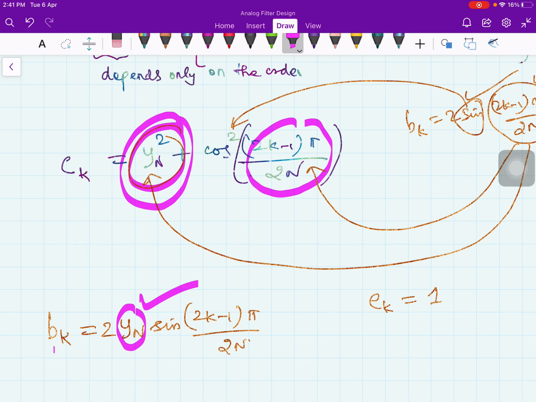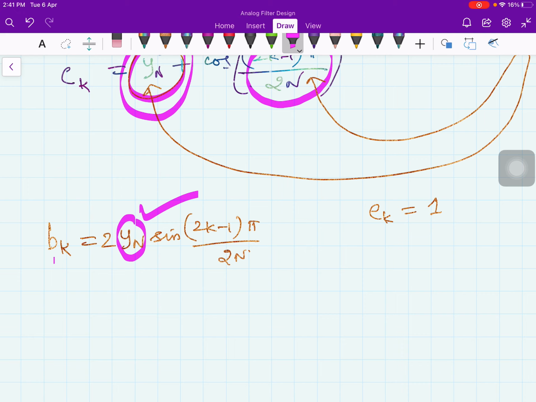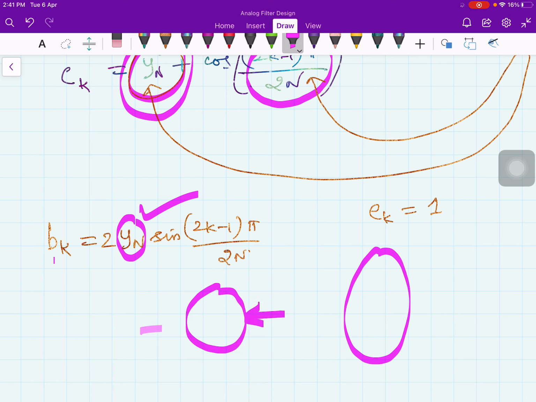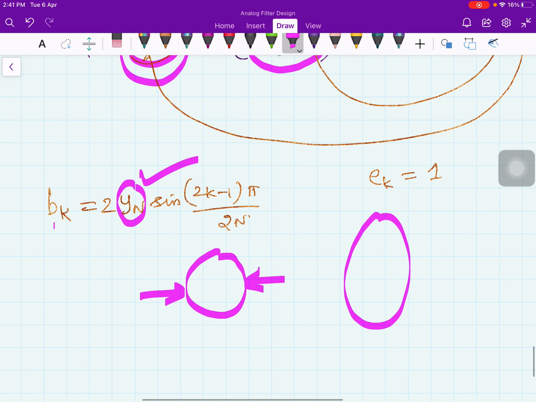In the Chebyshev filter, the factor y_N comes because of the shrinking of the circle into an ellipse. You have the circle and shrink it in this direction, then it becomes an ellipse. It is as if you press from the two sides and it elongates and shrinks in the middle.